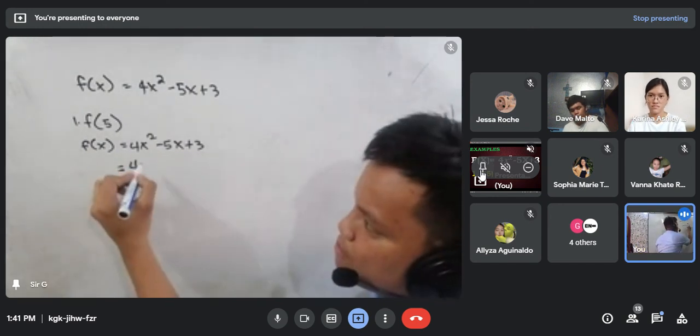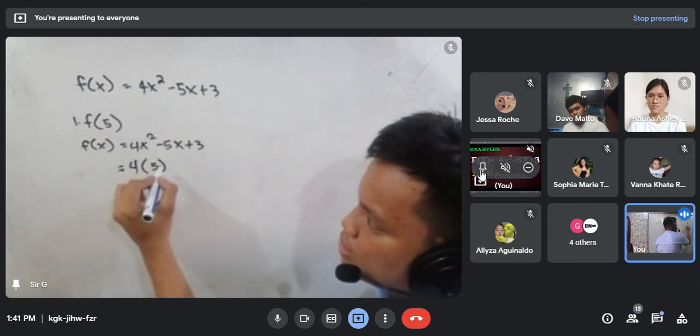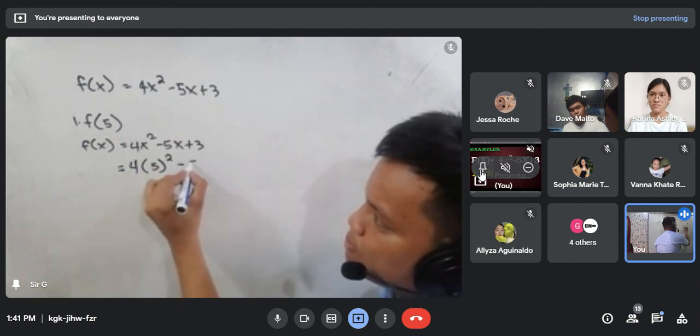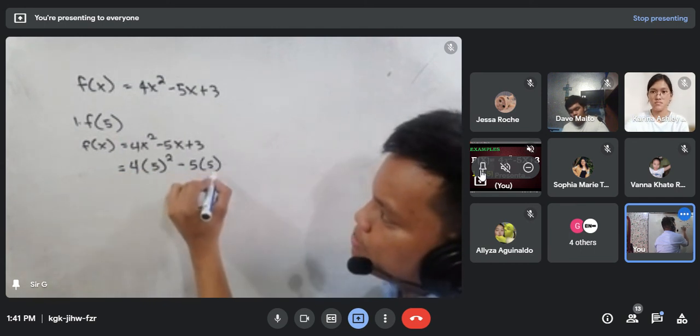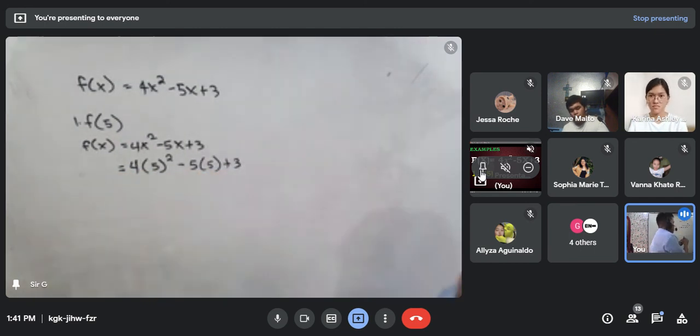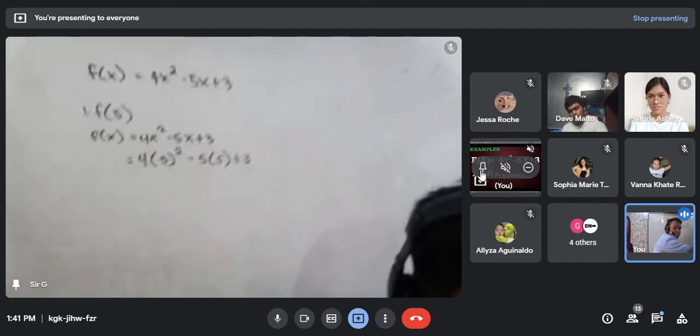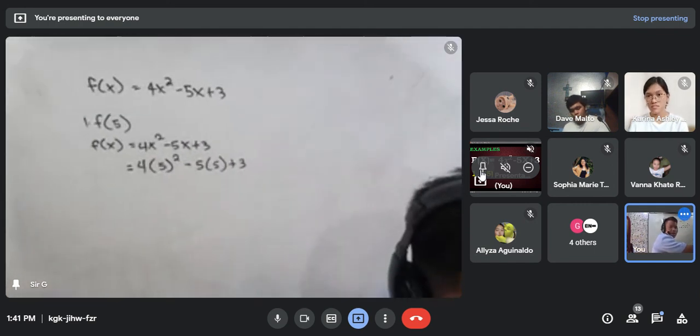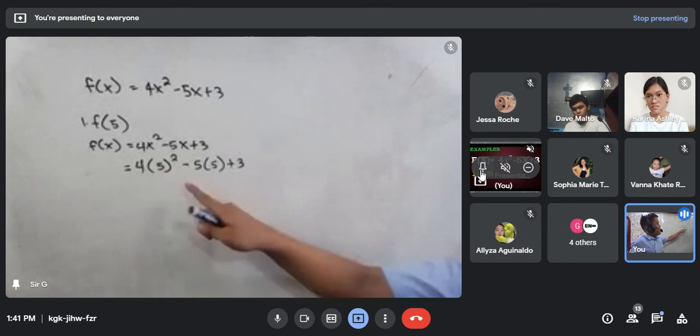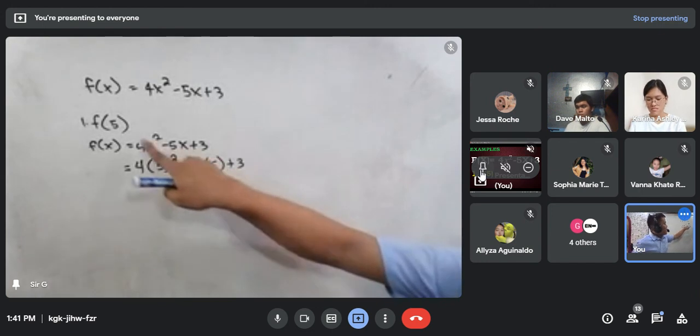So, it will become 4 times 5 raised to 2, minus 5 times 5, plus 3. So, kung mapapansin natin, sa original na formula natin, lahat ng x dito, pinalitan natin ng 5.